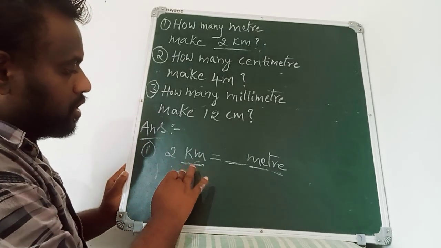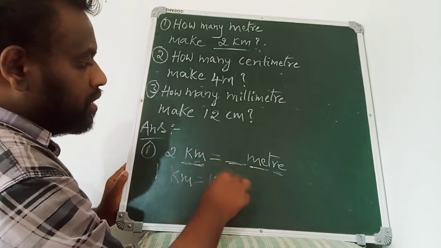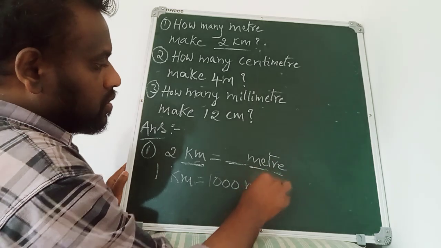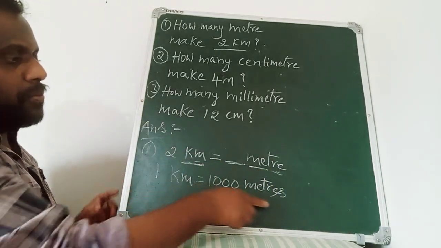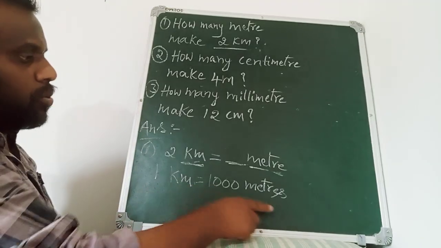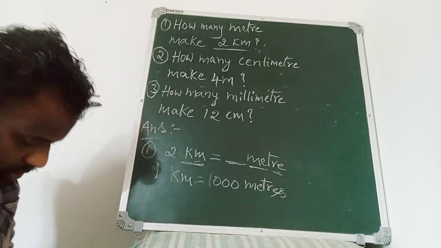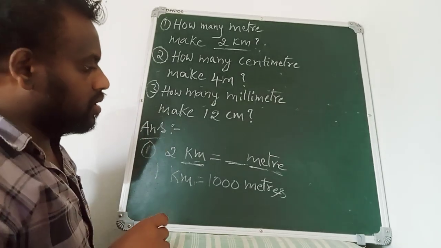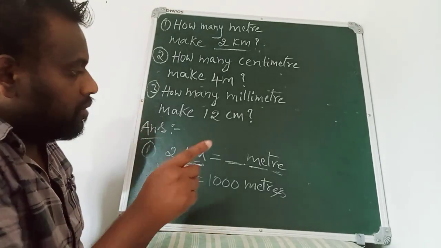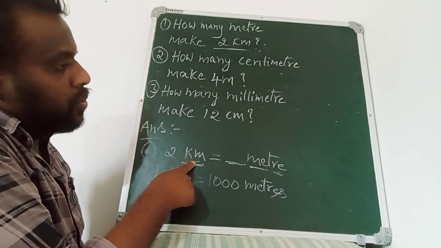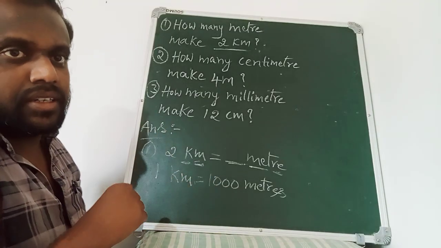1 kilometer is equal to 1000 meters. This is very important. This you should remember: 1 kilometer is equal to 1000 meter. Now I already said, to convert greater unit kilometer to the smaller unit, we should multiply by something.